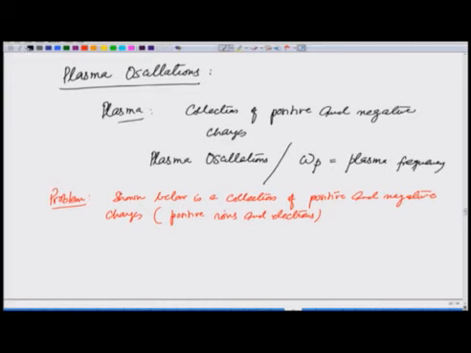Let me show this. So, this is the positive charge shown by black, and on top of it is the negative charge shown by red, and this is shown in slab geometry.